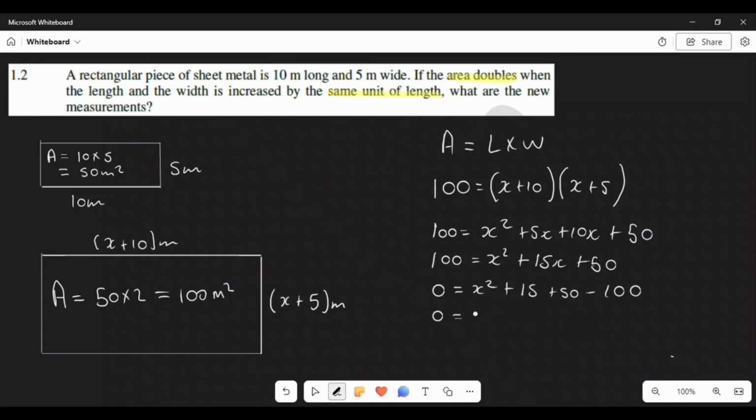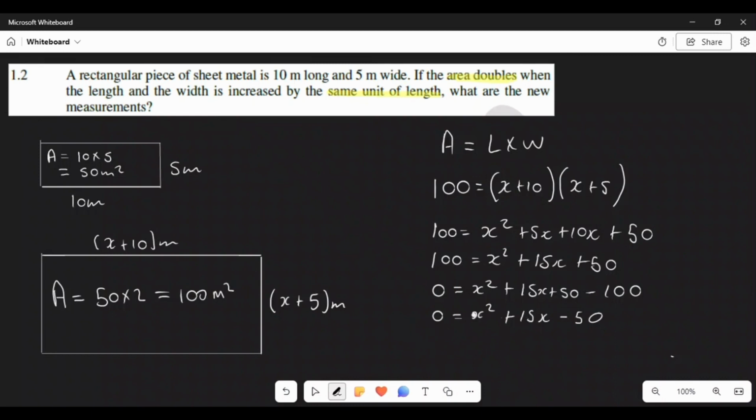Our final answer is going to be x squared, oh I forgot the x here, x squared plus 15x, what is 50 minus 100, it's going to be minus 50.